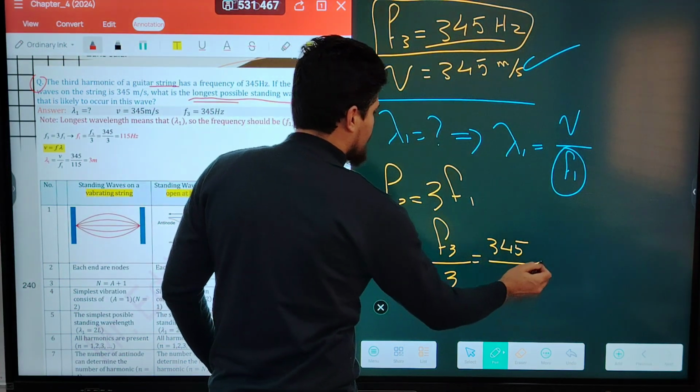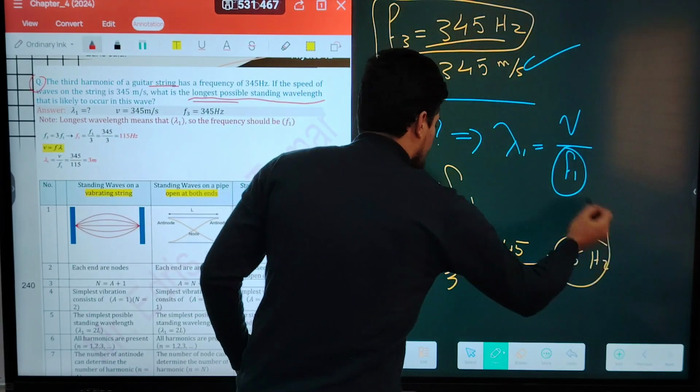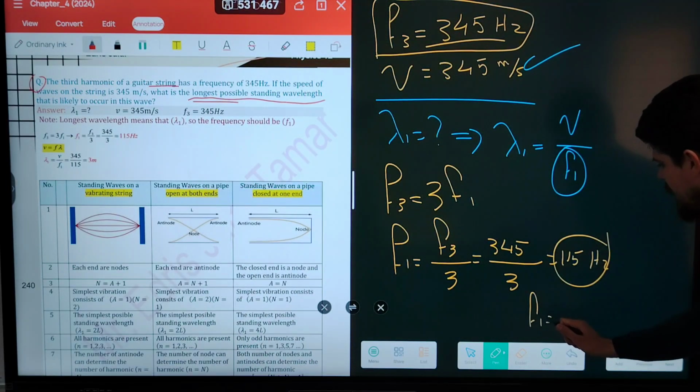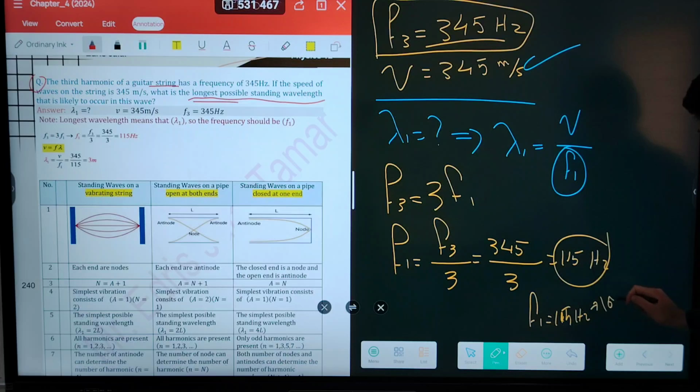345 divided by 3 is equal to 115 hertz. Guys, what is this 115? This is F1. Can we say this is the lowest frequency? Yes. Okay.